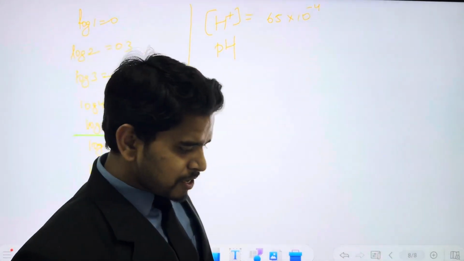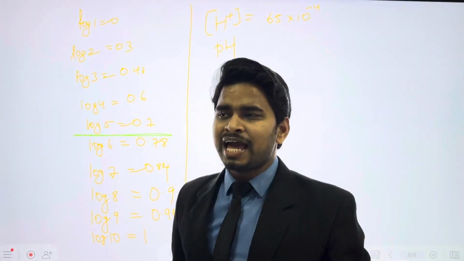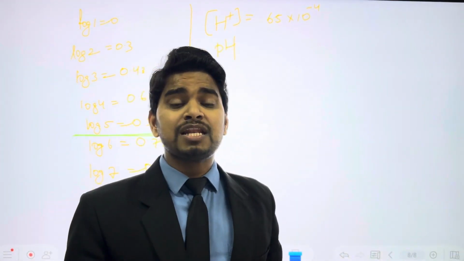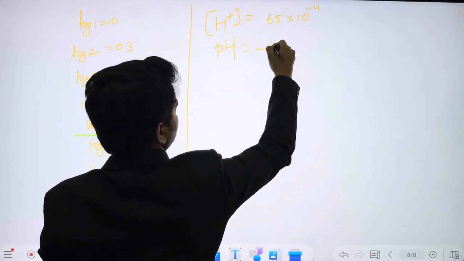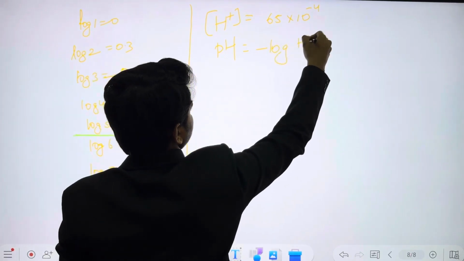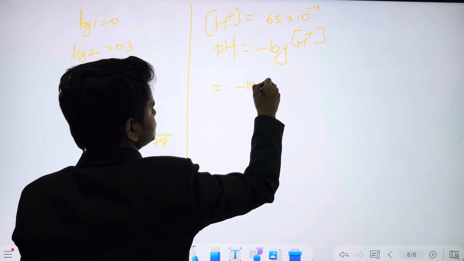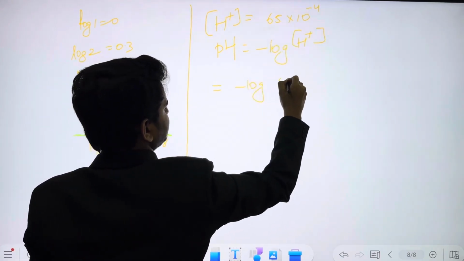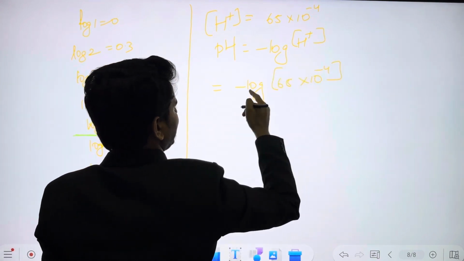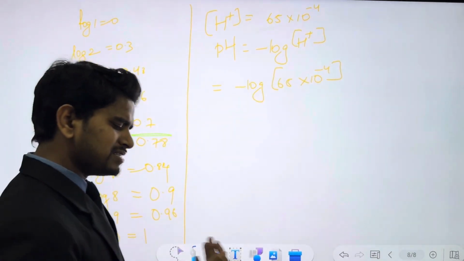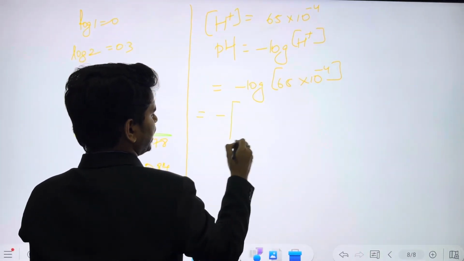What is pH, guys? pH is the term which tells you the acidity or basicity, and mathematically we write it as minus log H plus. So pH is equal to minus log of the H plus concentration. So we can write it as minus log of 6.5 into 10 to the power minus 4. Let's keep the minus outside.